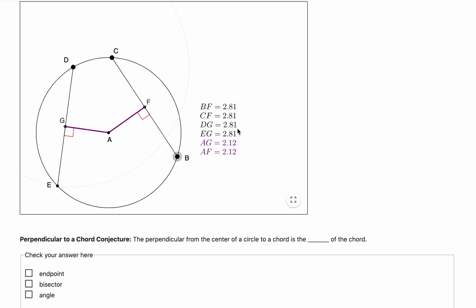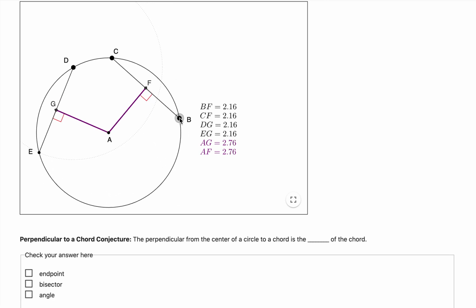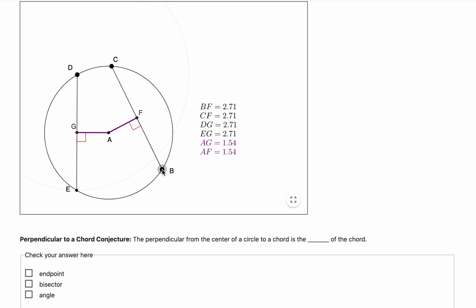If you look specifically here, BF, this portion of the chord, is 2.81 and CF is 2.81. Similarly over here, DG is 2.81 and GE is 2.81. And notice as you change it what is also happening throughout that time. So think about that and let's try to fill in the rest of this conjecture.